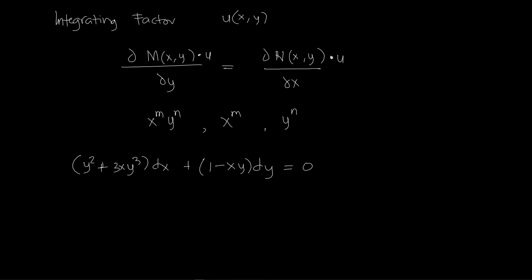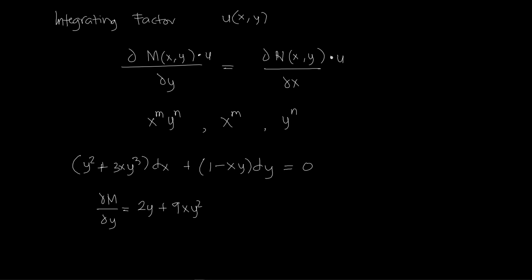Okay, so the partial derivative of m with respect to y, what is it? Derivative with respect to y: 2y plus 9xy squared. 9xy squared. Very good.